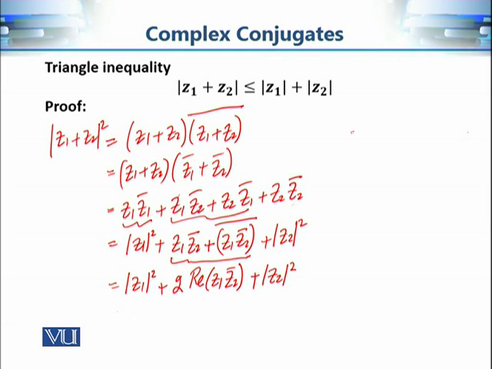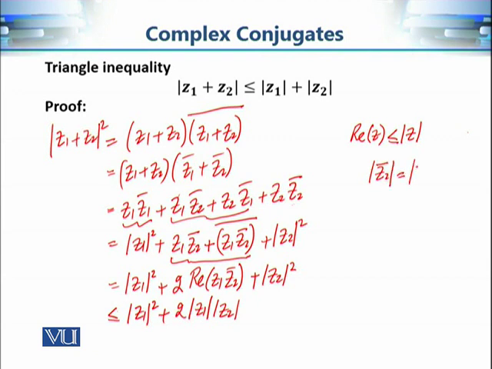Now we know that the real part of a complex number is less than or equal to the modulus of this complex number. Using this property, this is less than or equal to z1 modulus square plus 2 times the modulus of z1 z2 conjugate. Here, instead of writing the modulus of z2 conjugate, I am writing the modulus of z2, since we know that the modulus of z2 conjugate is the same as the modulus of z2, plus the modulus of z2 square.